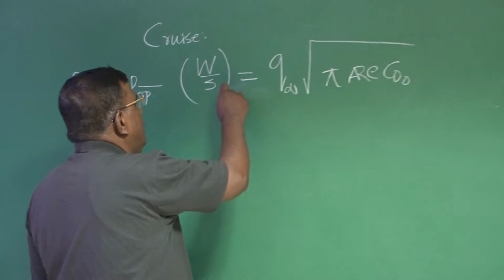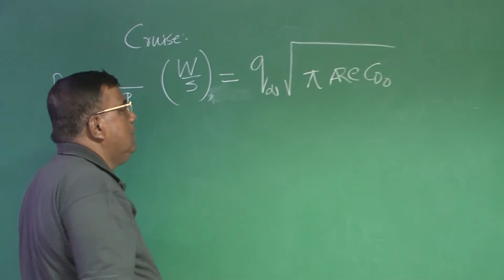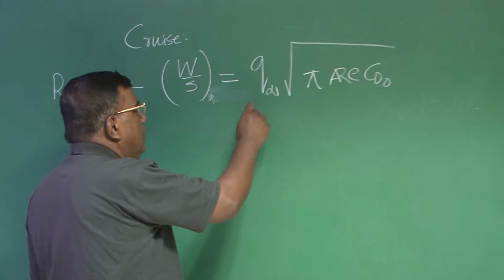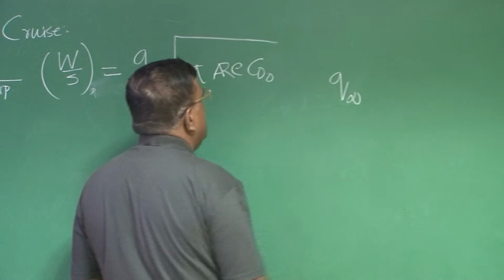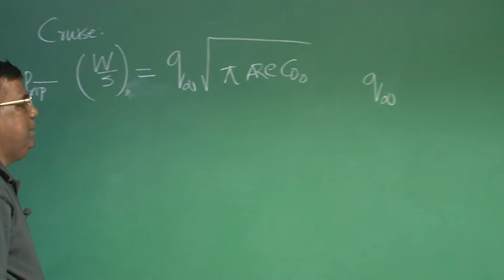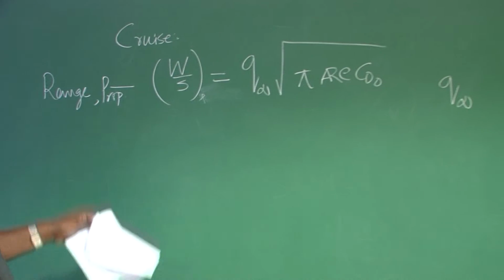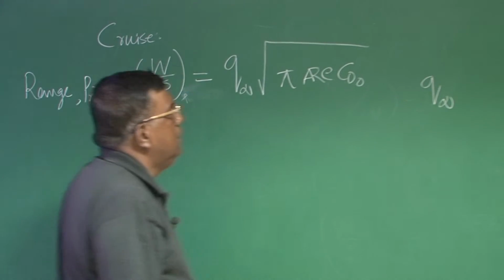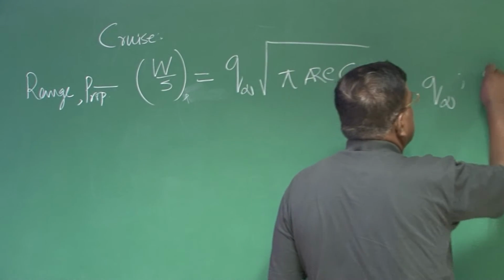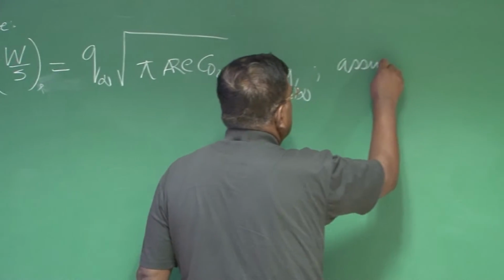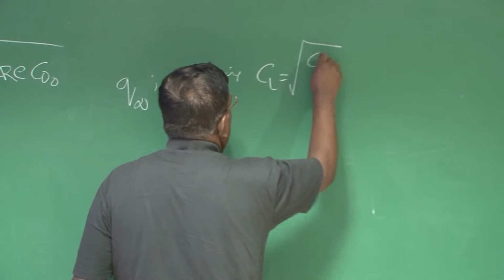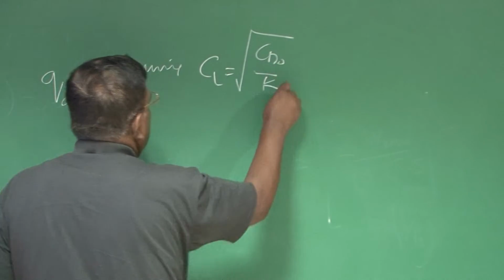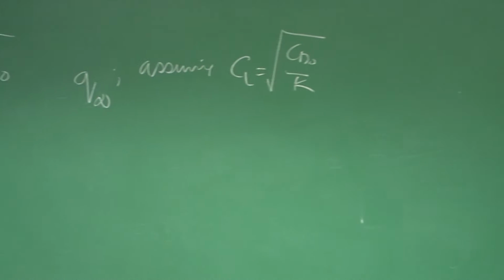And if I want to calculate W by S, I need to know what is the value of Q infinity. And please understand here, this expression was derived assuming CL is equal to under root CD naught by K, because we were maximizing range.